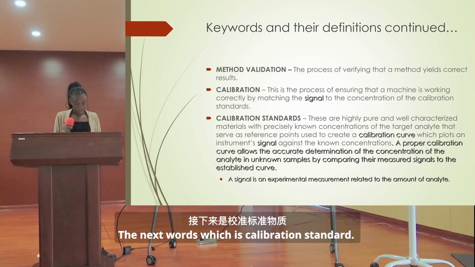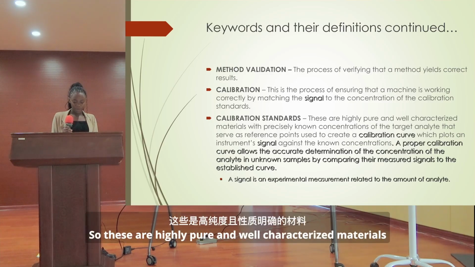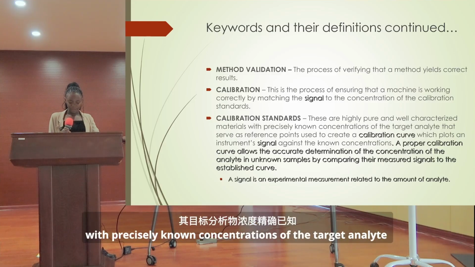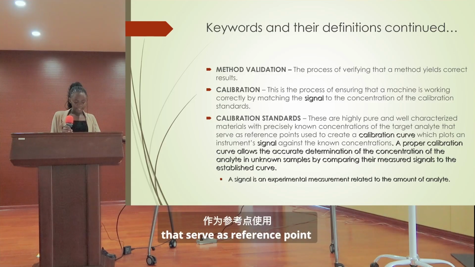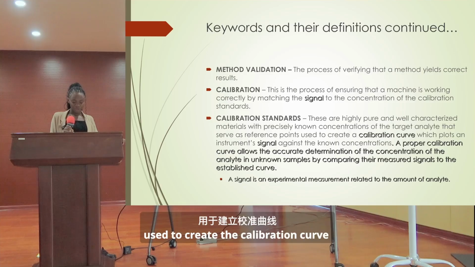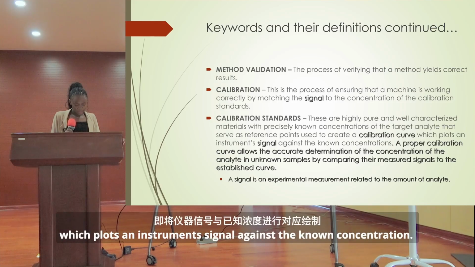The next word is calibration standard. These are highly pure and well-characterized materials with precisely known concentrations of the target analyte that serve as reference points used to create a calibration curve, which plots an instrument signal against the known concentrations.